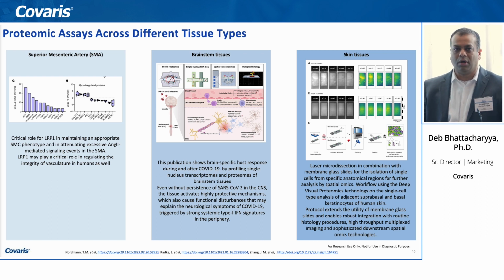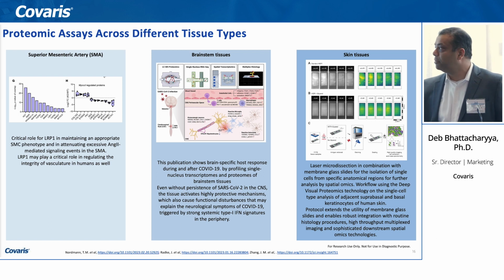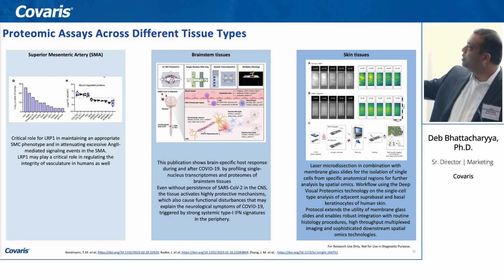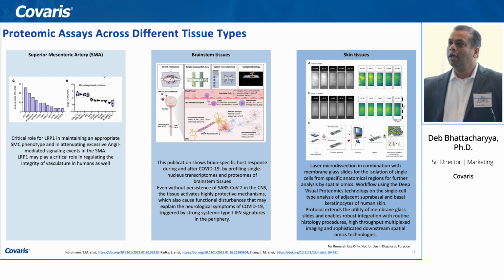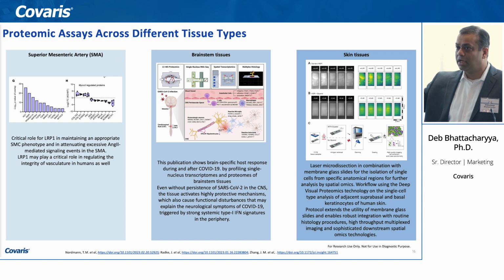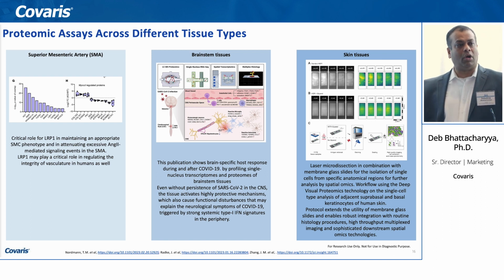So you work with brain cells or brain cubes or brain tissues obtained from brain, all the way to skin tissues. What I'm highlighting here is that the complexity of the samples can vary significantly. You can have something very soft, to something with a lot of adipose, a lot of lipophilic characteristics, to something as hard as skin tissues.